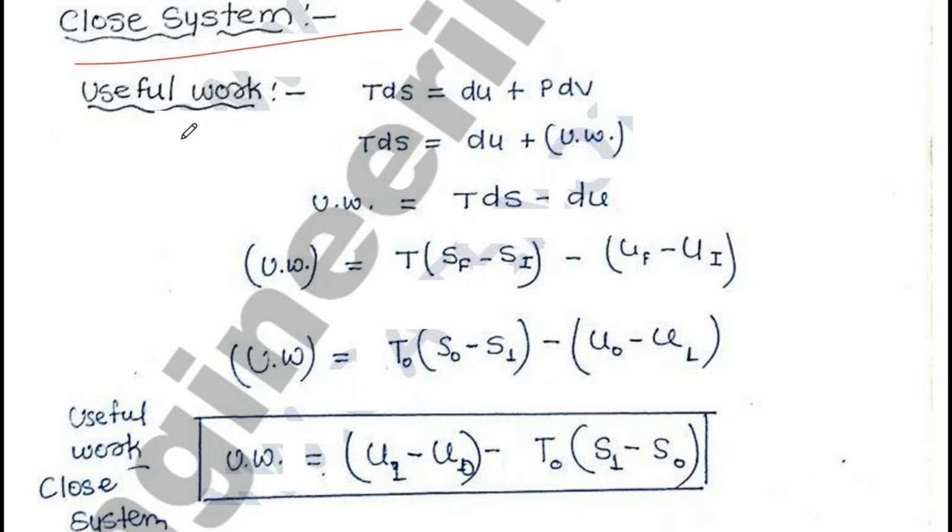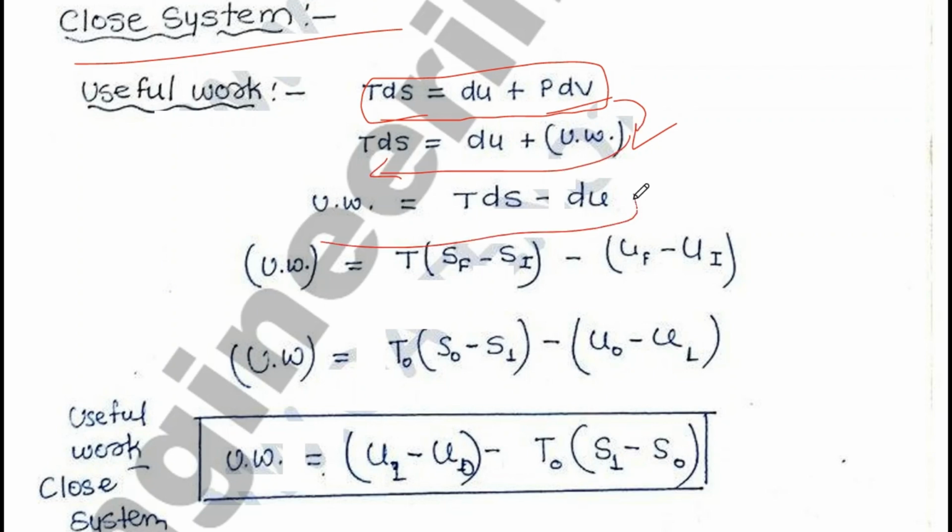Useful work is TdS equals dU. This is the first law of thermodynamics that is rearranged from my previous lecture on entropy. So PdV is useful work for closed system. So if you take it to the left and do the shuffling, then you get this equation.